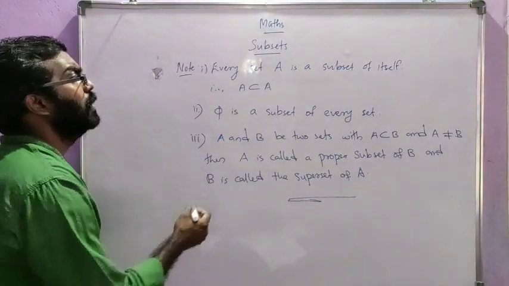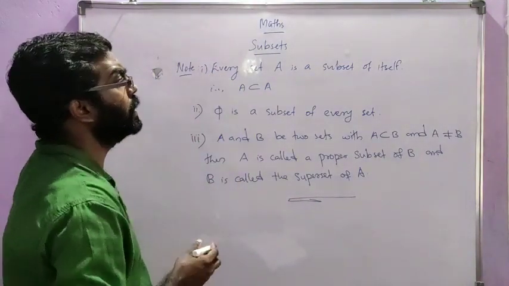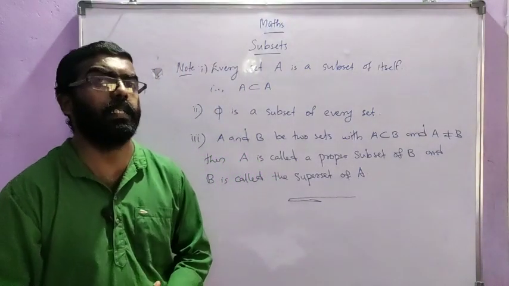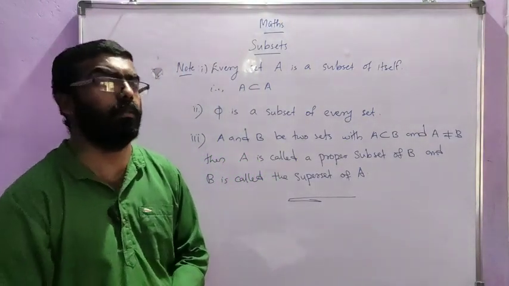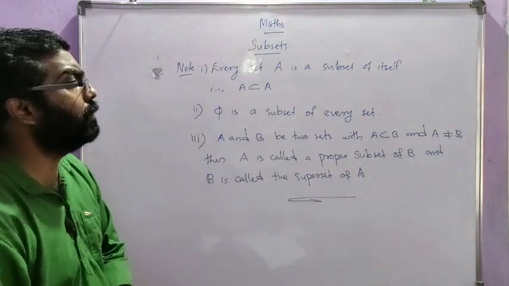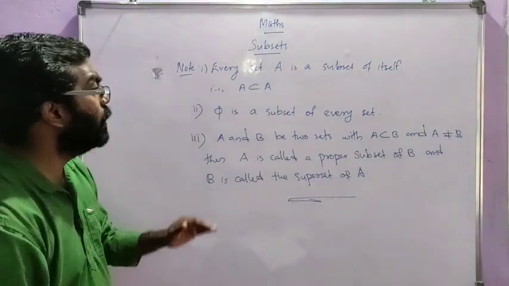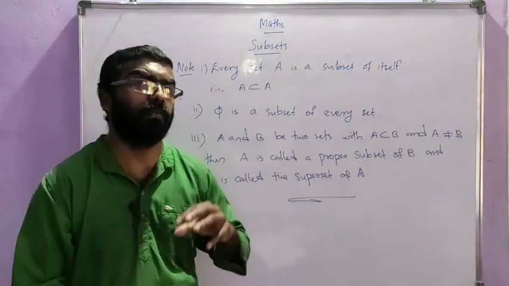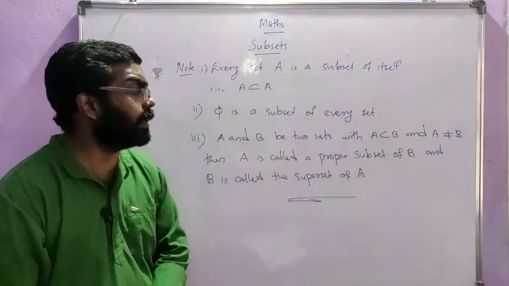I repeat. First one is, every set is a subset of itself, that is, A is a subset of A. Then the empty set is a subset of every set, or phi is a subset of every set.